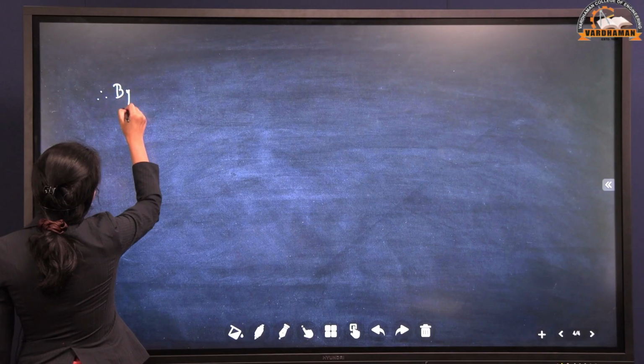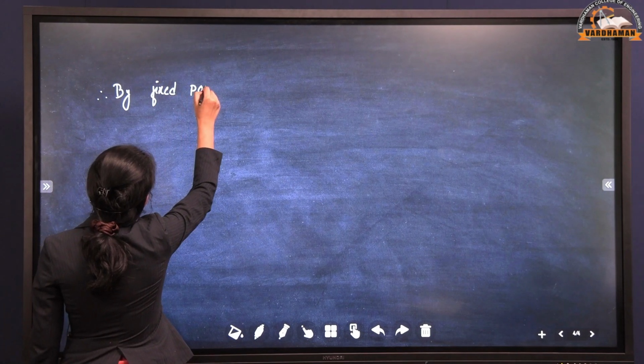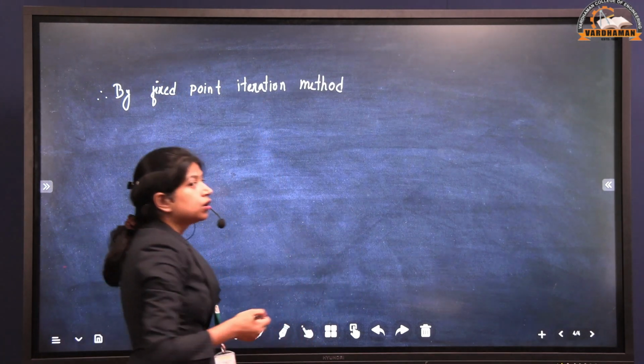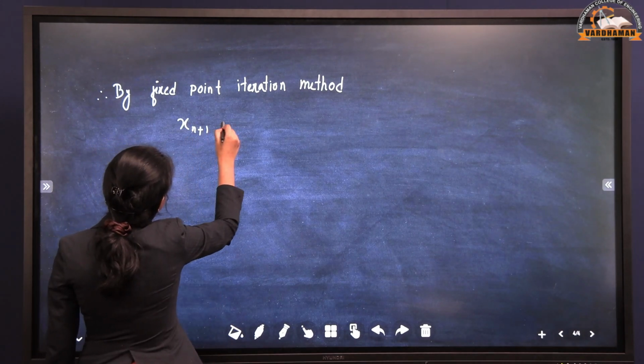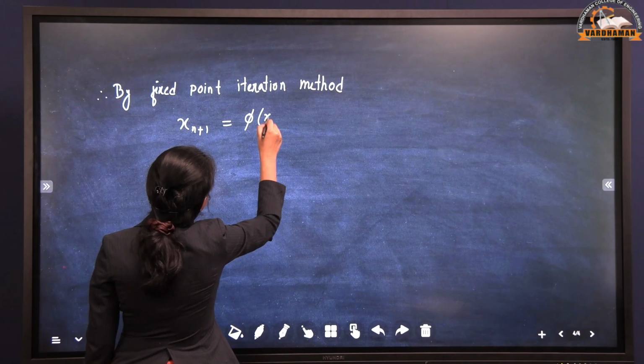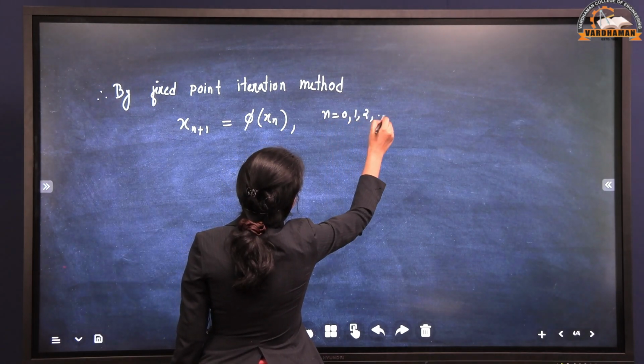Therefore, by fixed point iteration method, x n plus 1 should be phi of x n for n equal to 0, 1, 2 and so on.